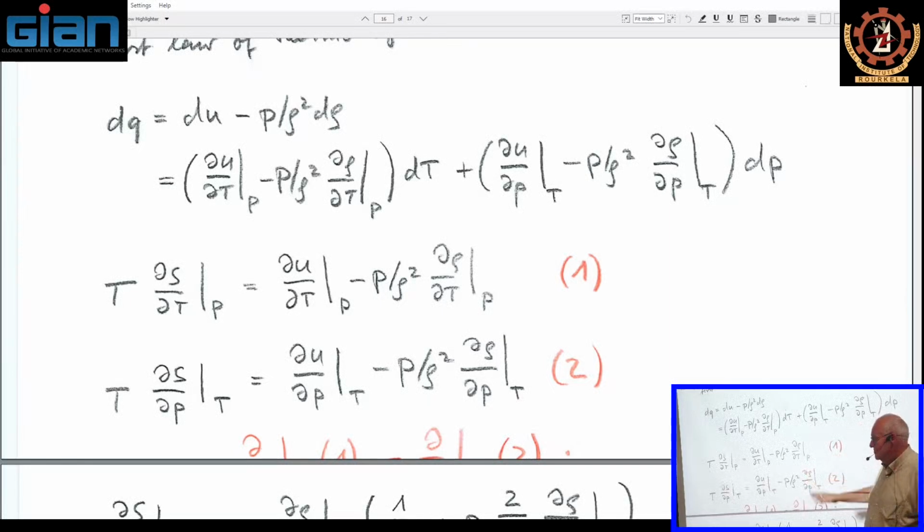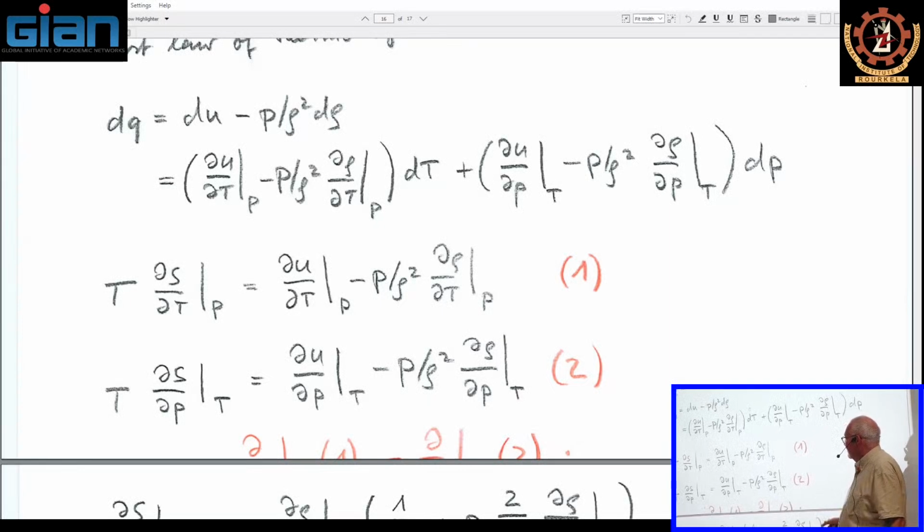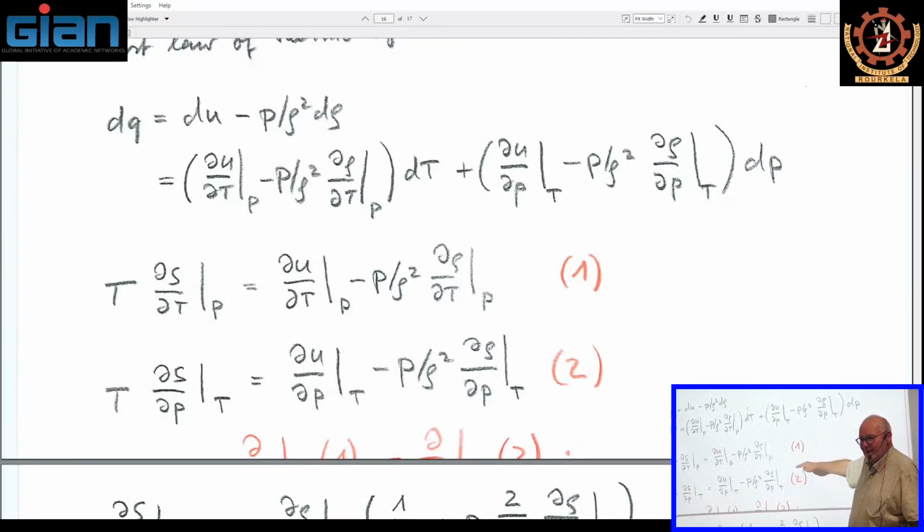Two equations. And what we are doing now, we differentiate the first equation by pressure at constant temperature, and we differentiate the second one by the temperature at constant pressure, and subtract these two from each other.